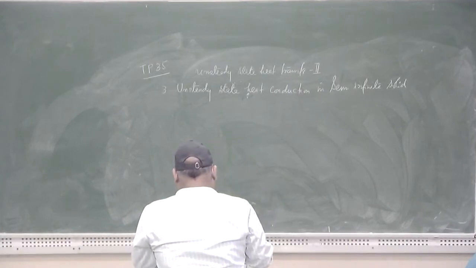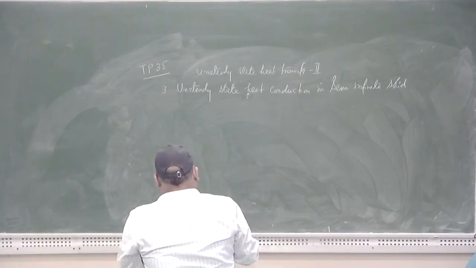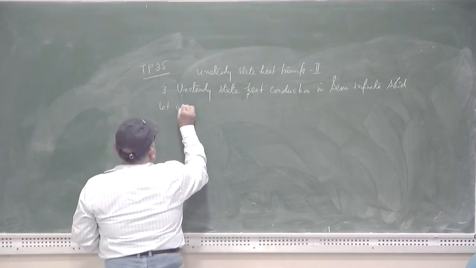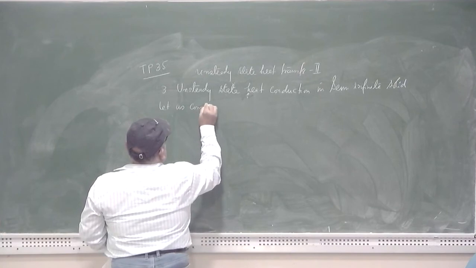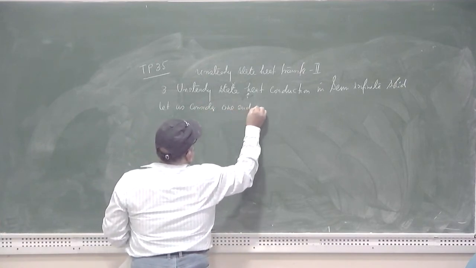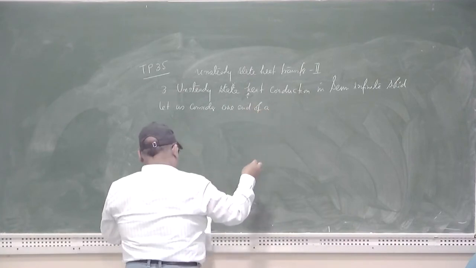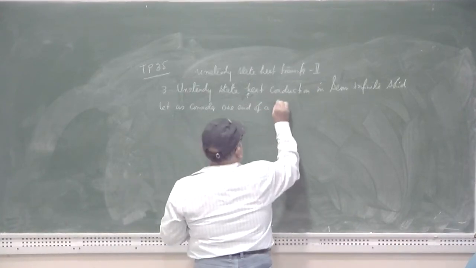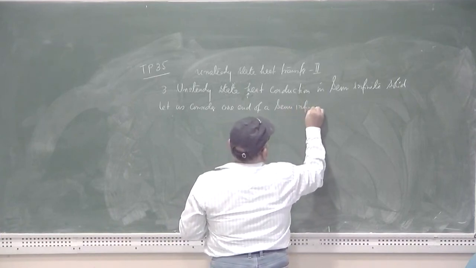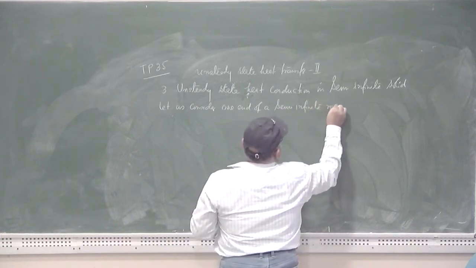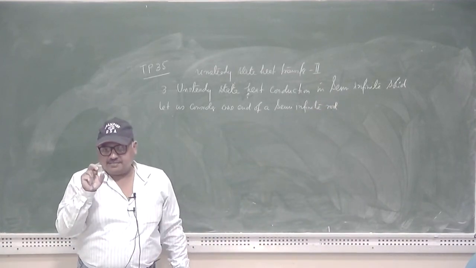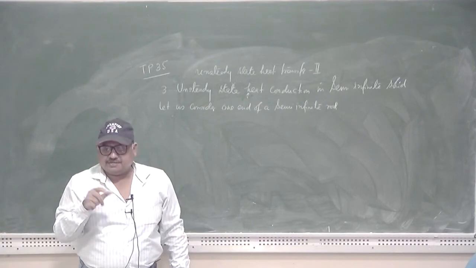The meaning of an infinite rod is that its diameter is fixed but the length is infinite.